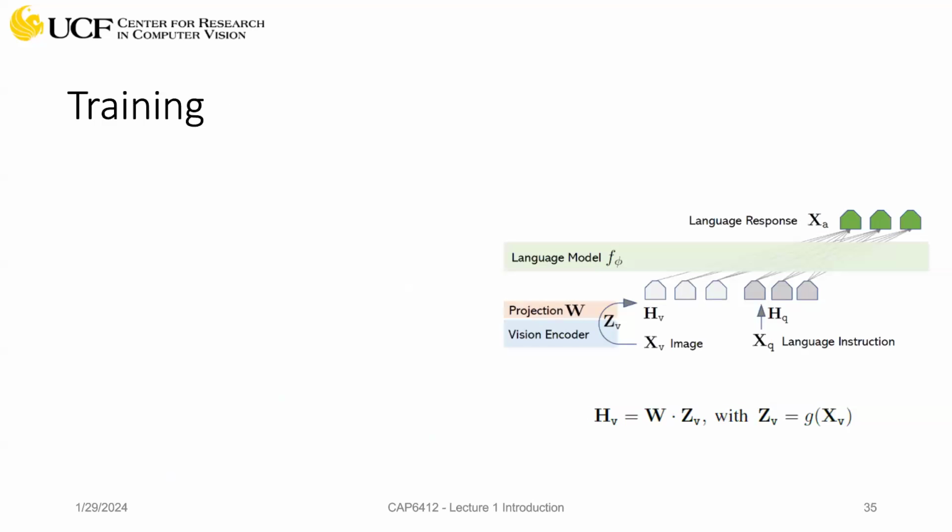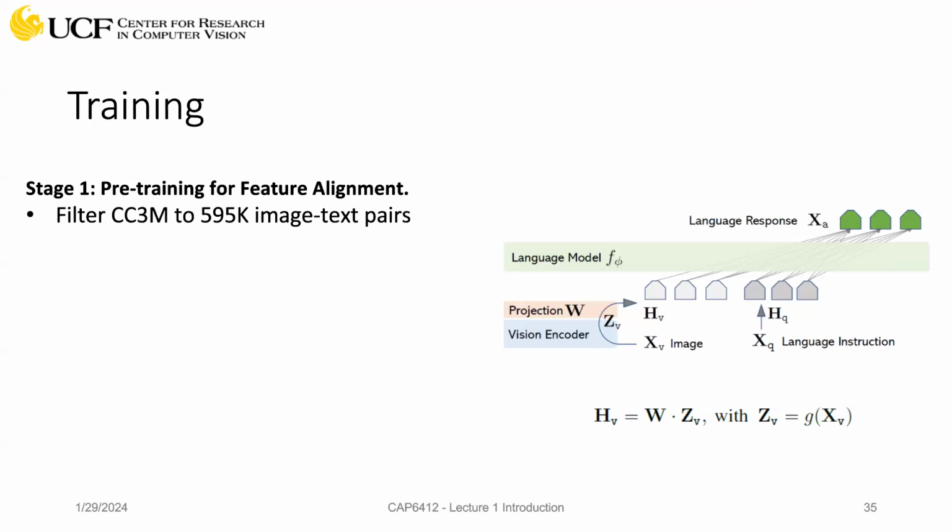So now the way they train this is in 2 stages. First is pre-training for feature alignment. So we want to take the image features, our image tokens, and we want to align them with the language tokens. That's where the pre-training for feature alignment comes in. What they did, they took the CC3M data set, which is image-text pairs, and they filtered it to 595,000.